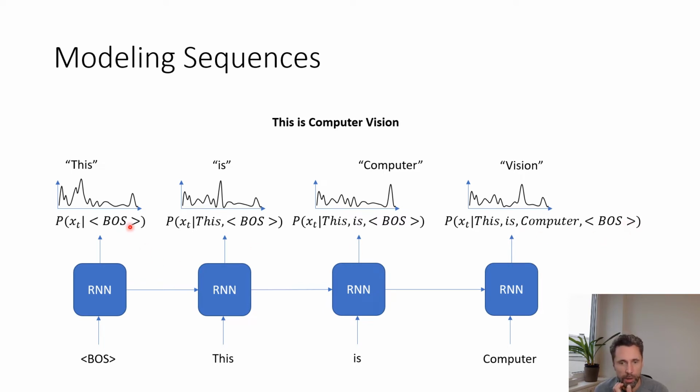By the way, BOS is the beginning of sequence token, a word that is unique in the vocabulary, and there's also a stop token that's also unique, and so your model can be trained to start and stop the sequence.